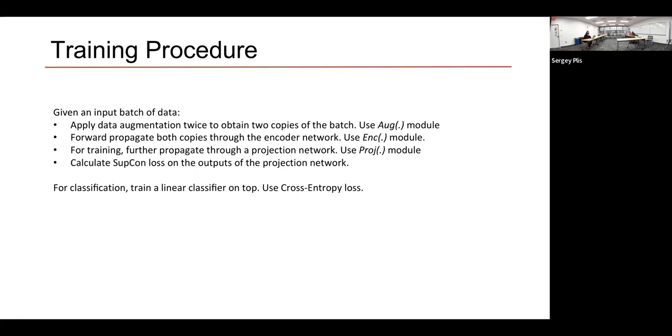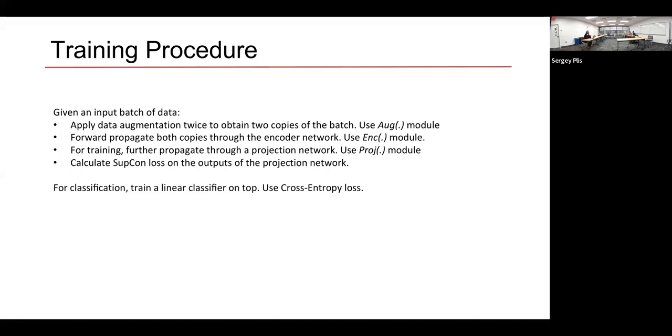Finally, they have trained their model in 2 stages for the actual classification task. In the first stage, they used data augmentation, encoder, and projection module.